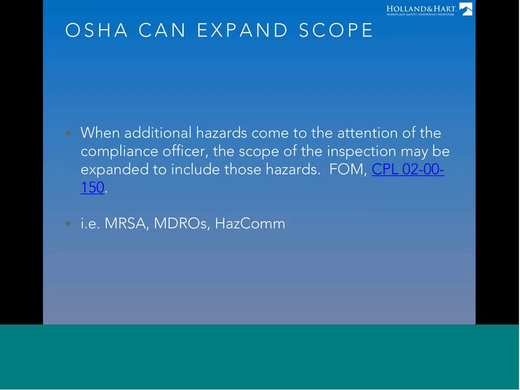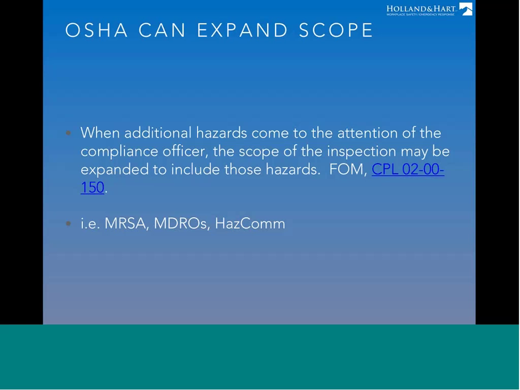And I do want to add one caveat to the Reagan rule that the government isn't necessarily there to help. OSHA does have a fairly robust compliance assistance division. Some of those are a little better defined under some state plans. And reaching out to the compliance assistance division can occasionally be a good idea.